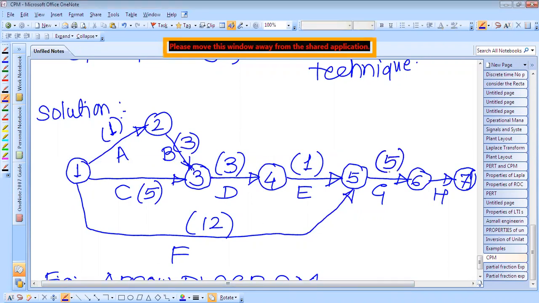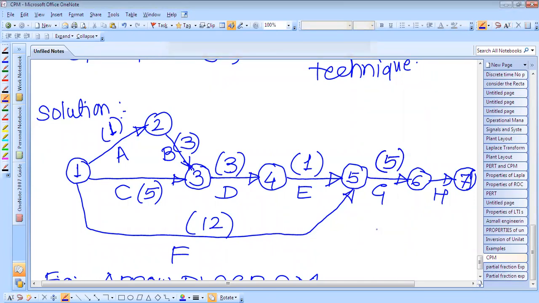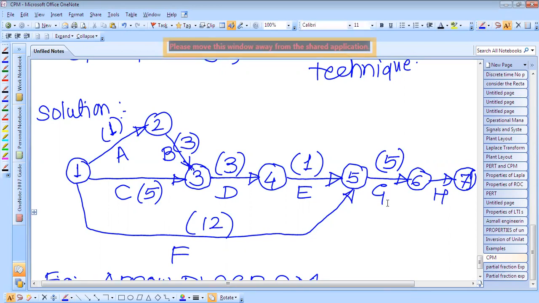And the last activity, that is activity H, to paint the tank from the outside. How much time has he given? Only 1 day. So 1 day is required for painting the tank.